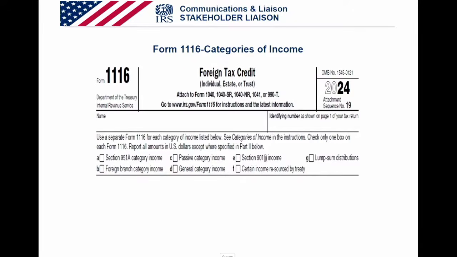And they must use a separate Form 1116 for each amount of resourced income from the treaty country. Form 8833 is the treaty-based return position disclosure under IRC 6114, and that can be utilized by the taxpayer to make this claim. And lastly, Category G is lump sum distributions.